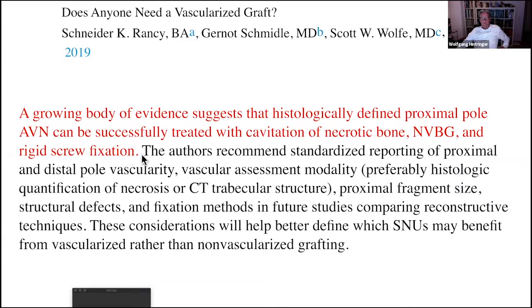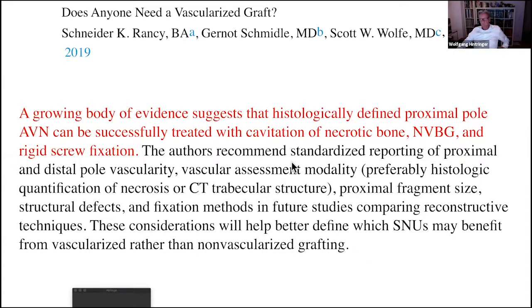And the authors recommended standardized reporting of proximal and distal pole vascularity, vascular assessment modality, preferably histological quantification of necrosis, of CT trabecular structure, proximal fragment size, structural defects and fixation methods in future studies comparing reconstructive techniques. These considerations will help better define which scaphoid non-unions may benefit from vascularized rather than non-vascularized grafting.